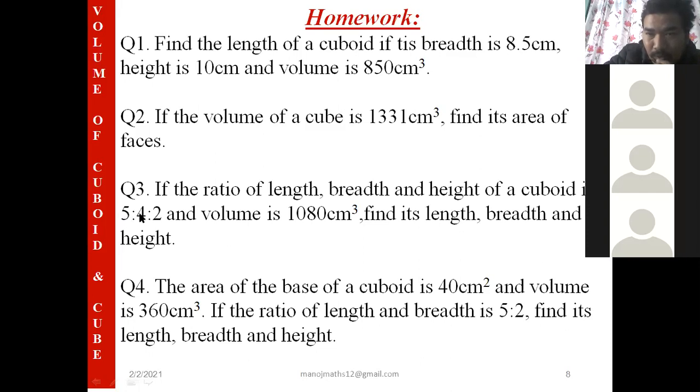If you multiply them, 5 into 4 is 20, 20 into 2 is 40, so 40x cube will come.